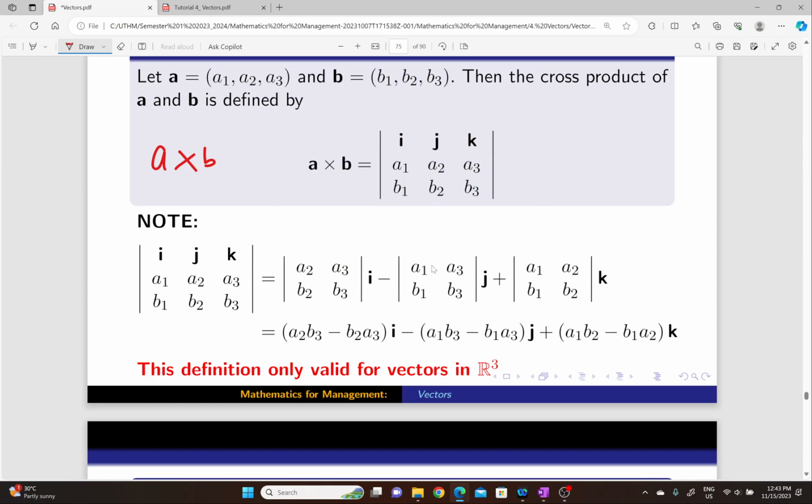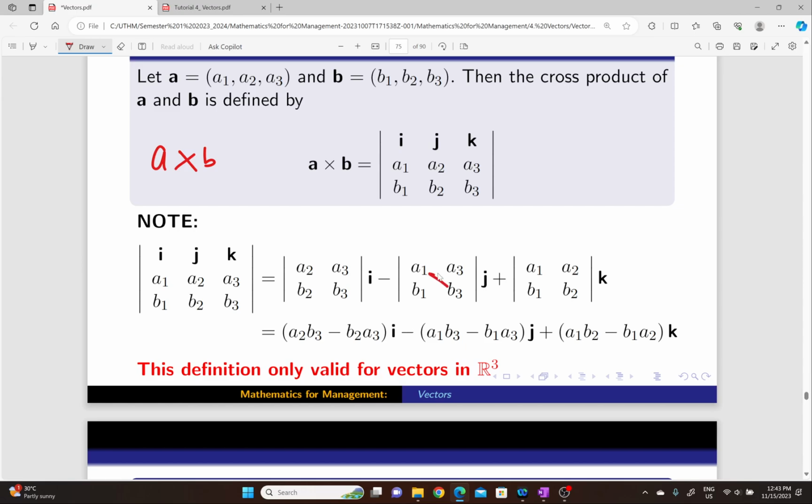Once you understand this, how to do this? Cross this, multiply this one, minus this diagonal, multiply. We call this the determinant of a matrix, but since we have never gone through matrices yet, I don't want to use the terminology. I want you to understand the formula first.